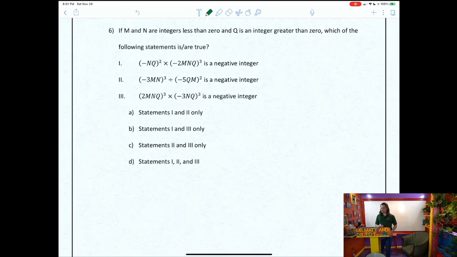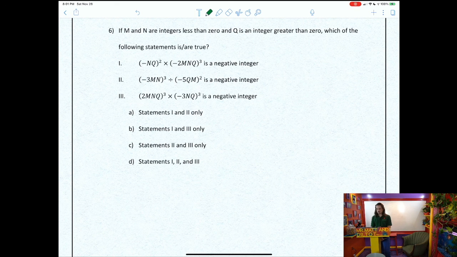Last question. If m and n are integers less than 0 and q is an integer greater than 0, which of the following statements is or are true? Statement 1 says the quantity negative n times q, quantity squared, times the quantity negative 2 times m times n times q, quantity cubed, is a negative integer.